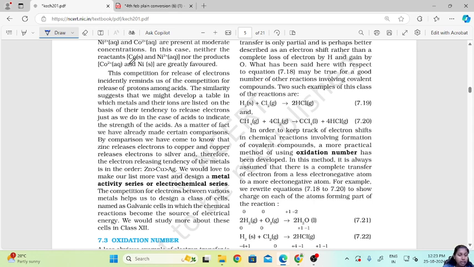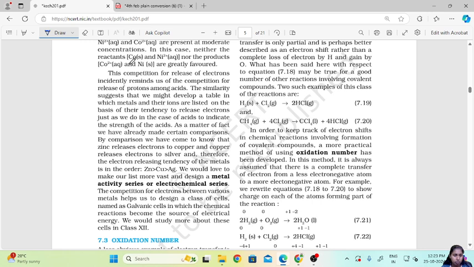So this similarity suggests that we might develop a table in which metals and their ions are listed on the basis of their tendency to release electrons, just as we do in the case of acids to indicate the strength of the acids. So we have to make a proper table and arrange these ions in the order of their tendency to lose electrons.